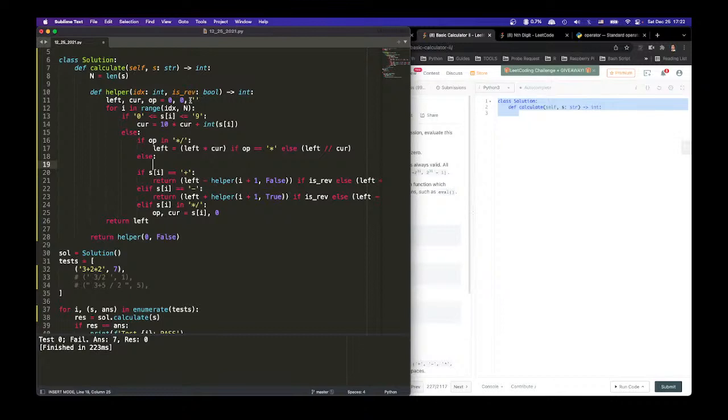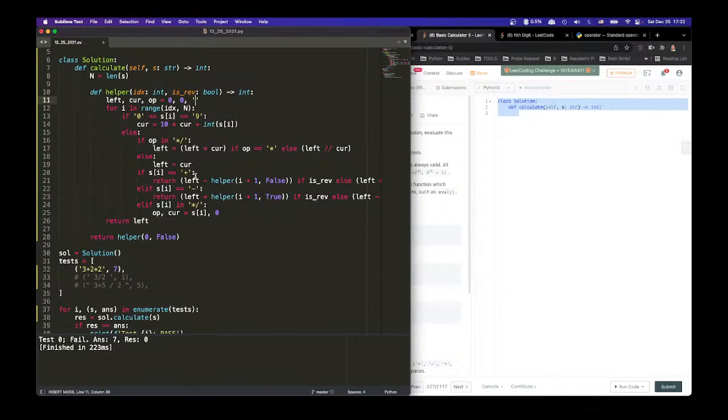So if the operator is this, then we simply say left equals current. That's when operator is empty, right? Is empty. If the operator is empty, then we do this. Left equals this.